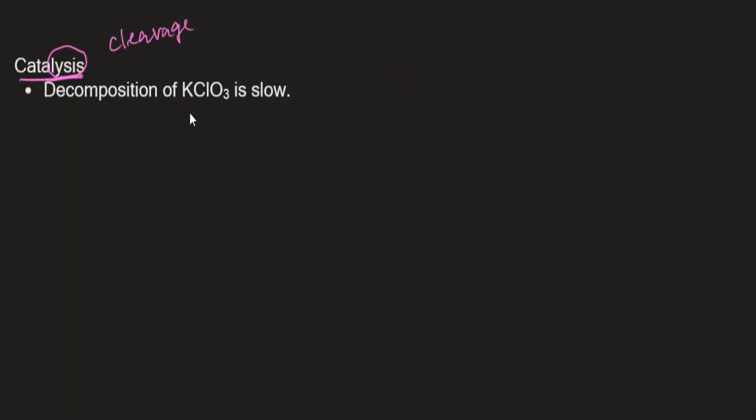Let us consider the decomposition of KClO3. KClO3 undergoes decomposition without catalyst at about 653 Kelvin to 873 Kelvin, at high temperature.